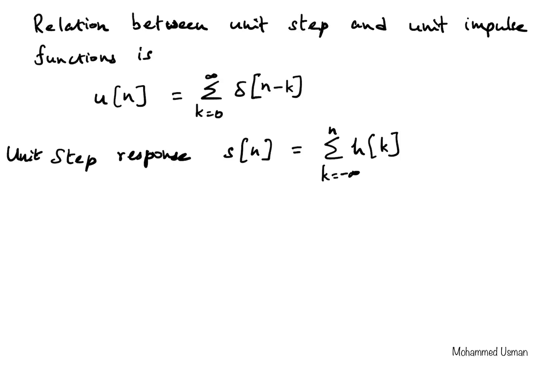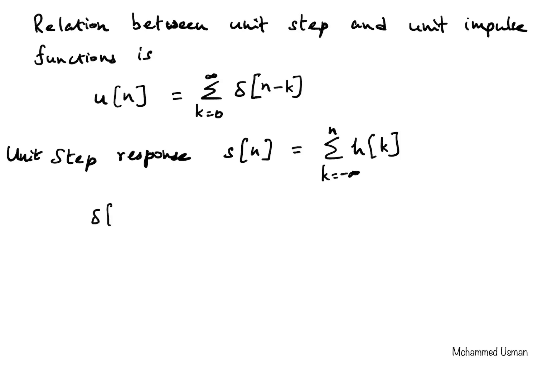Okay, so it's a direct consequence of the relationship between the unit step and unit impulse functions. Similarly, we can write the impulse function in terms of the step function, and you can refer to this in lecture number 8.